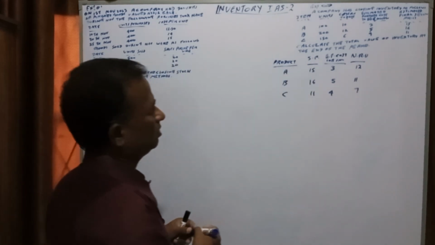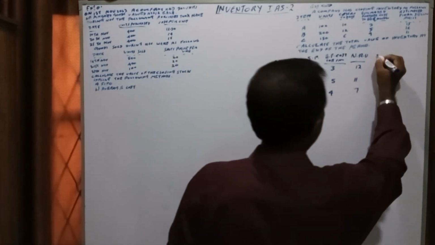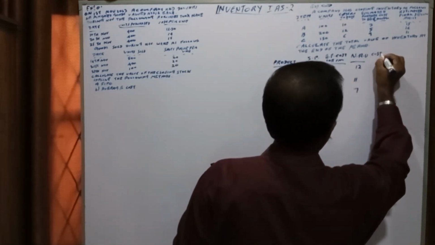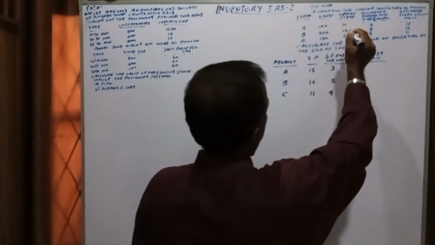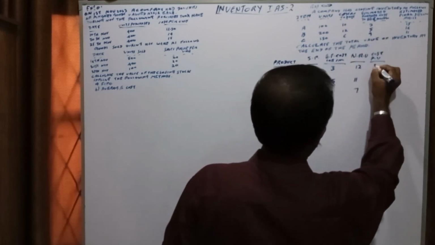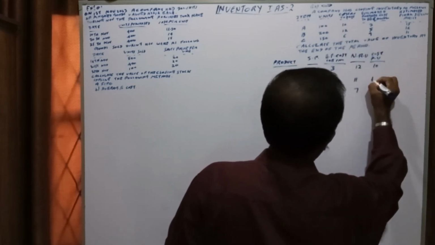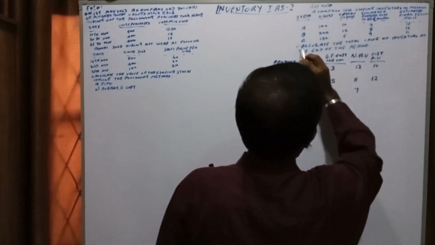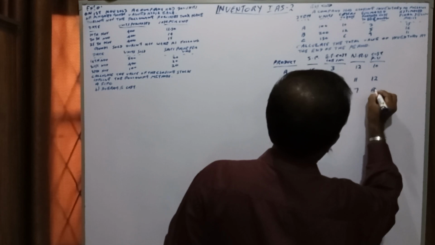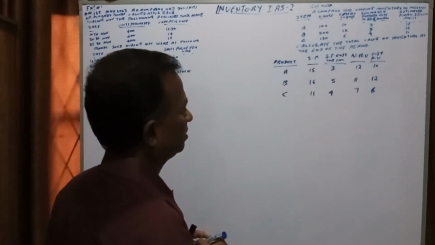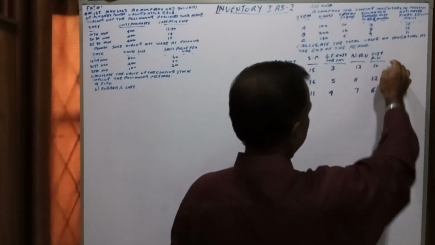Now, we can take the cost per unit, that is given in the question. Cost per unit: A is 10, B is 12, and C is 6. Okay. So we have arrived at net realizable value and cost per unit.